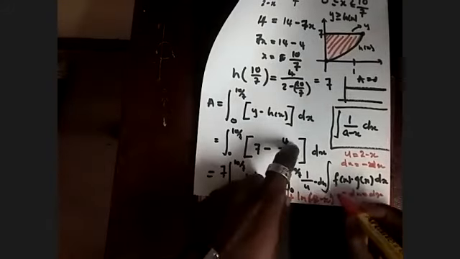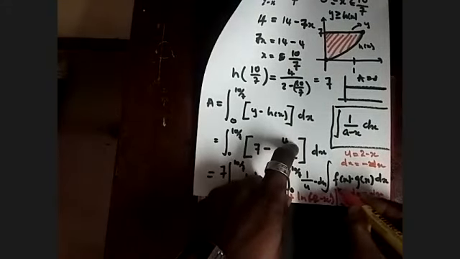Okay. All right, as I was saying, we're going to have something like this, but we're going to consider it only from 0 to 10/7.